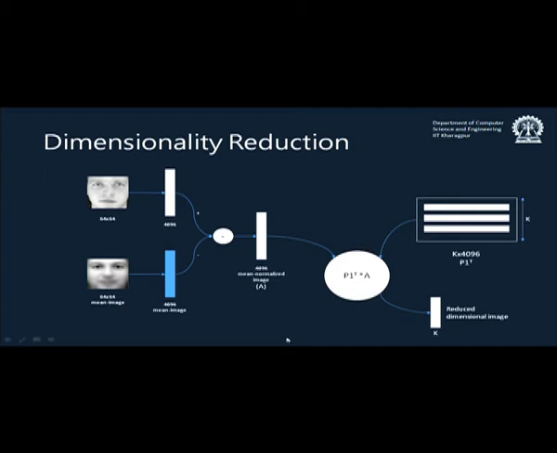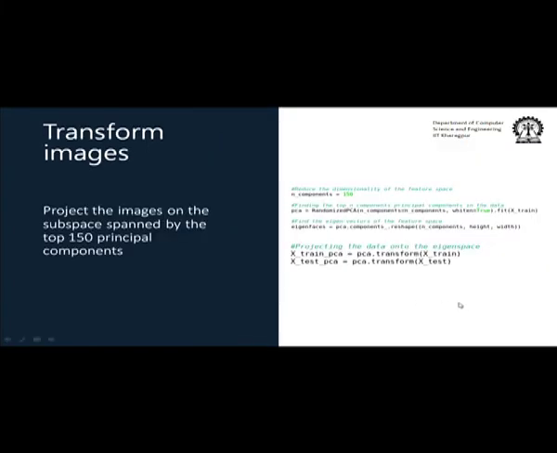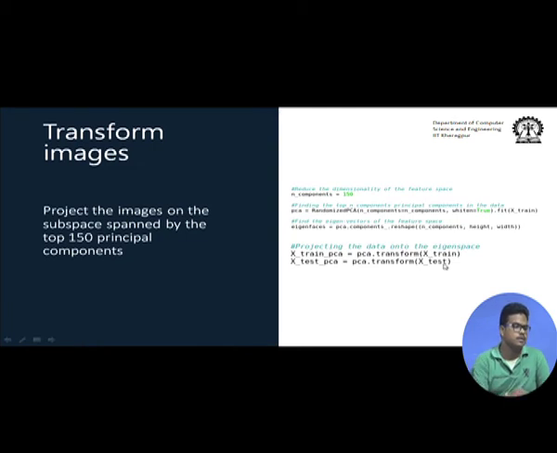So this is how the dimensionality reduction works using PCA, and now we will implement that in the code first. PCA.transform of a set of input vectors will do the transformation to the PCA dimensions. So this is what we do here.